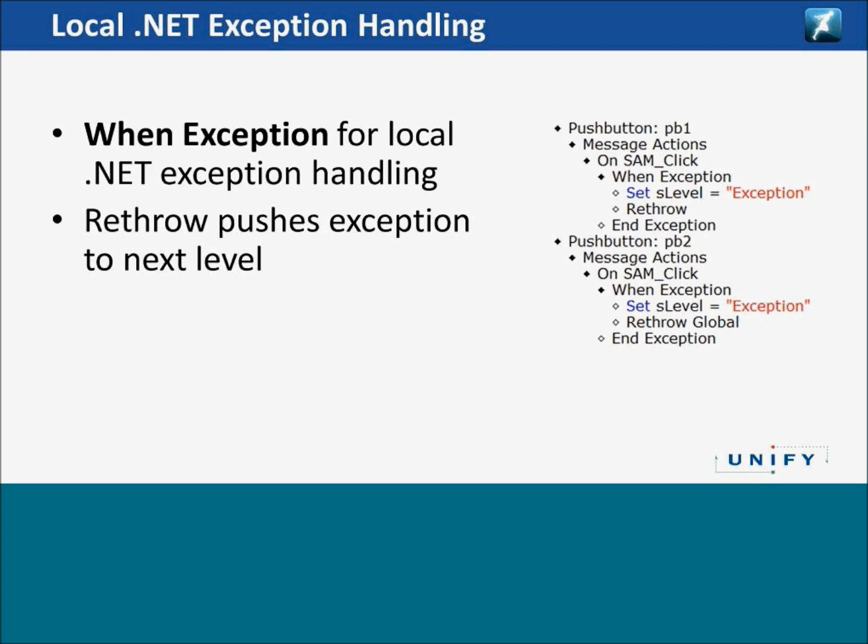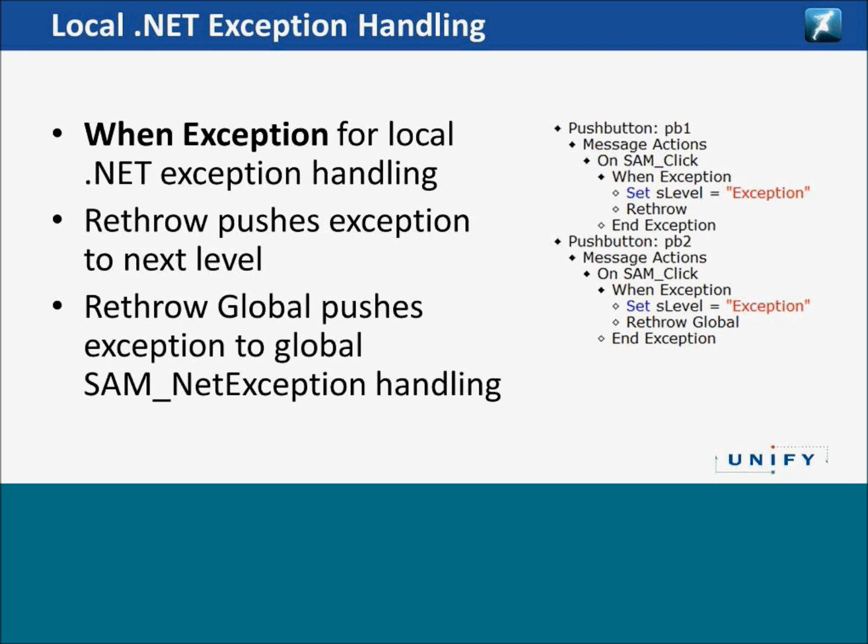So you can basically create a queue of exceptions, and at different levels these exceptions will be handled from your code. And there's rethrow, and then there's also rethrow global, which pushes the exception to the global SAM .NET exception handling. So very detailed and very nice new exception handling for .NET applications.